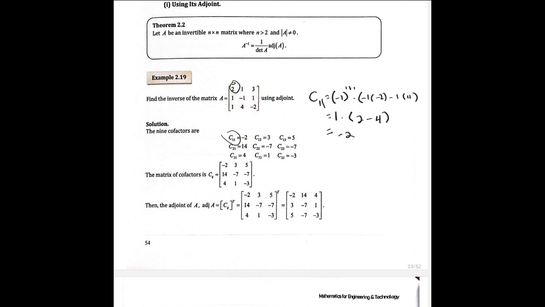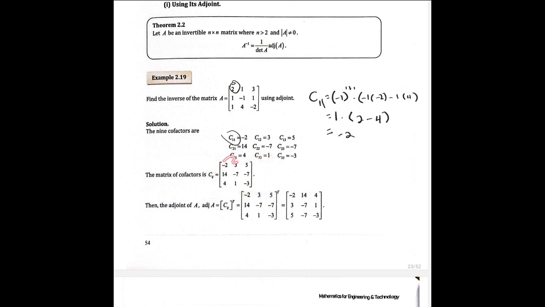You can have a look at the previous video that talks about cofactors and minors. By doing that you will get all of these cofactors. Then rewrite the cofactors in this cofactor matrix.